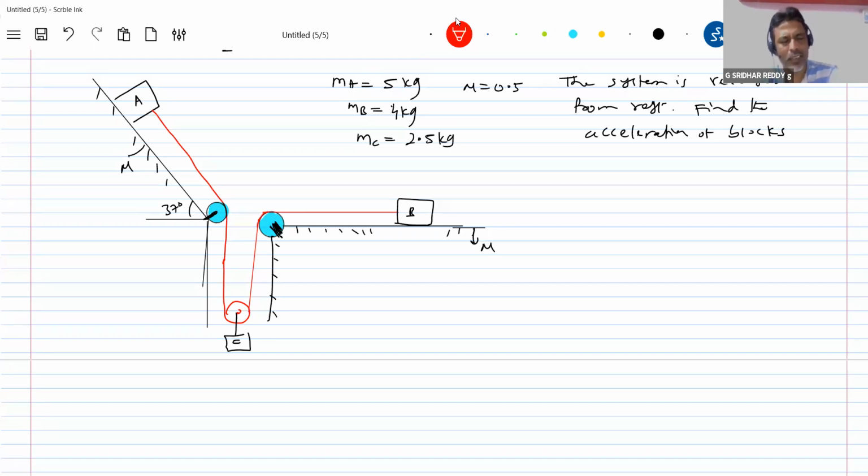The pulleys are light and the string is massless. Okay, try this. I'll give some time because some calculations are involved. It's not that you can work it out straight away.